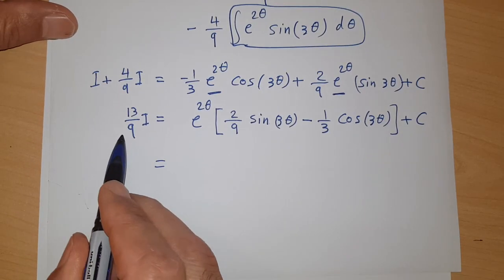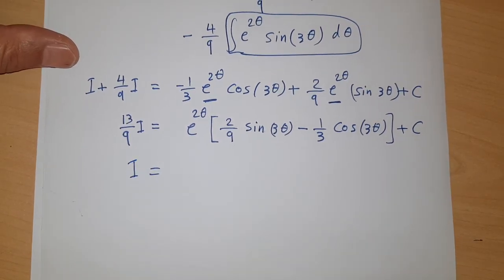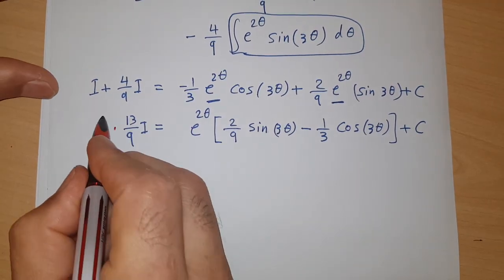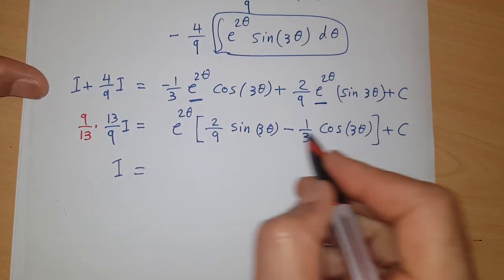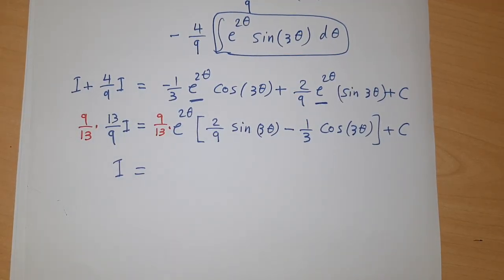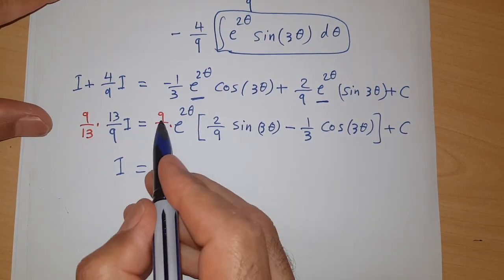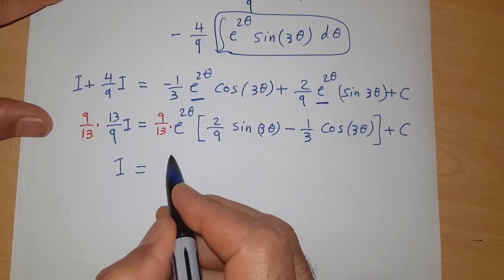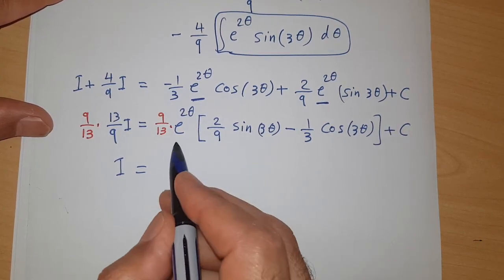Finally, multiply each side by 9/13 to get the I subject. Multiply here by 9/13. Multiply whole this by 9/13. Okay. And also you have simplification. You can do it here. 9/9 is cancelled out. So you can keep it outside here.